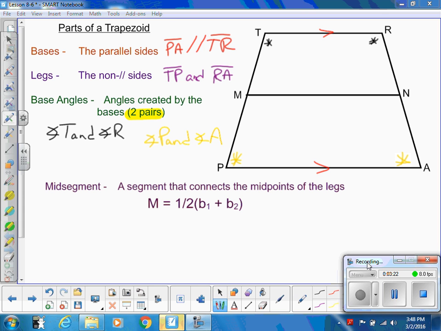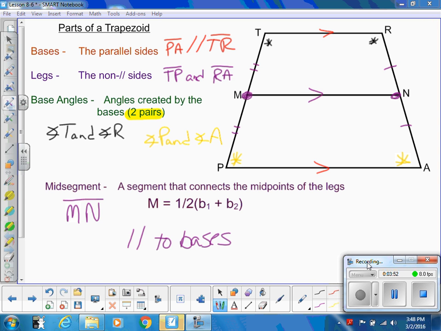So, if MN is the midsegment, that means it bisected both of these sides. And that also means that it has to be parallel to the bases. The midsegment is always parallel to the bases.